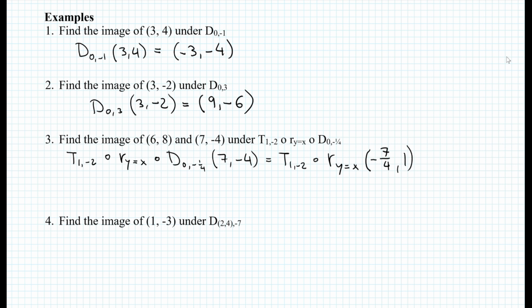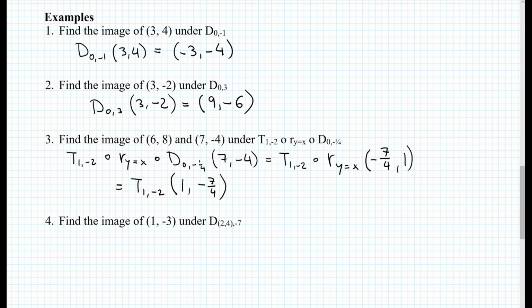So first we perform the dilation of (7, -4) over the origin by a k factor of -1/4. And now we get the following, that you end up with the image to be (-7/4, 1). So now we're going to reflect that point over the y equals x line.